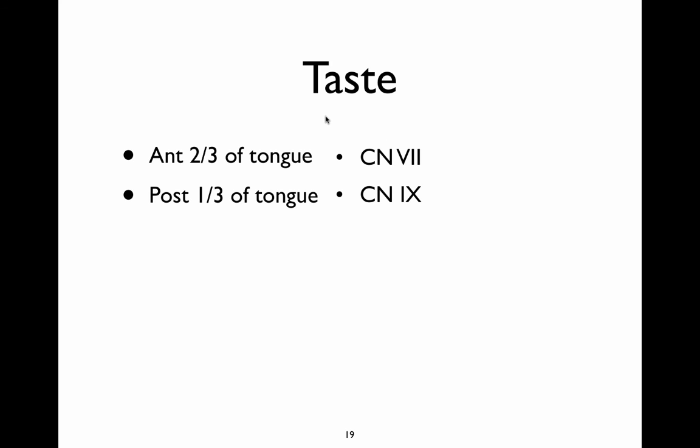This is very important in safe eating, right? So that if something doesn't feel good or taste good, it's a fairly primitive method for deciding that perhaps it's not food. Cranial nerves 7 and 9 are important in sending essentially the taste sensations to the brain for processing.